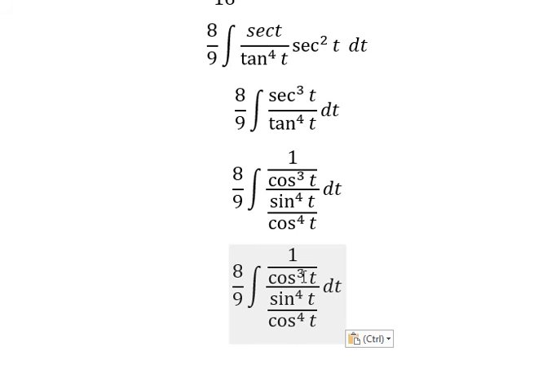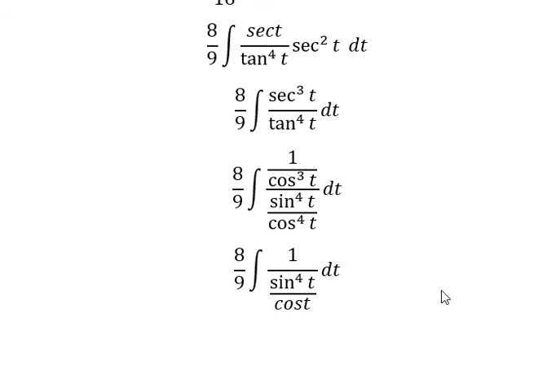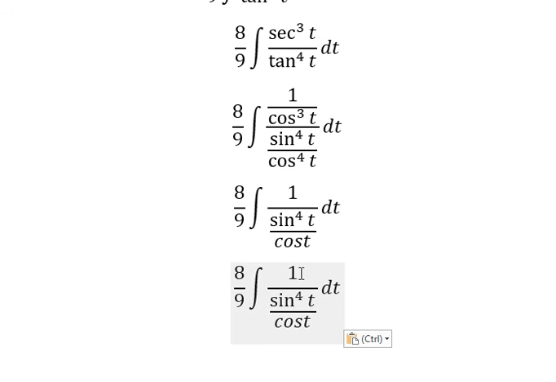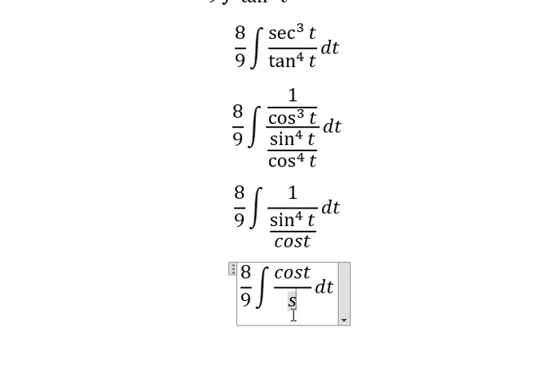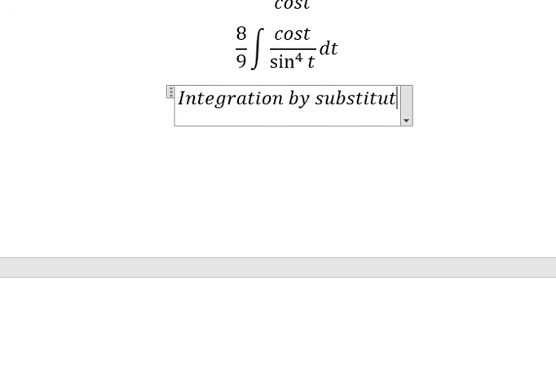Now, we need to simplify cosine³ t on numerator and denominator. And cosine t will go to the numerator. Now, we can use integration by substitution.